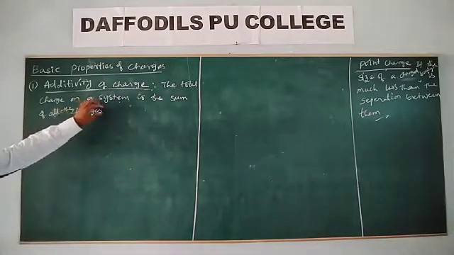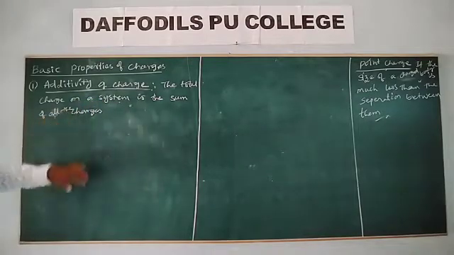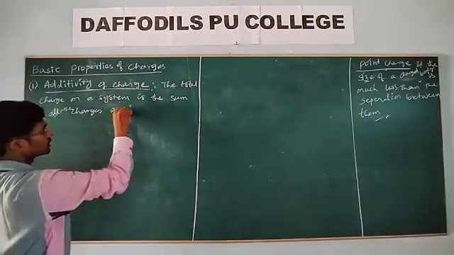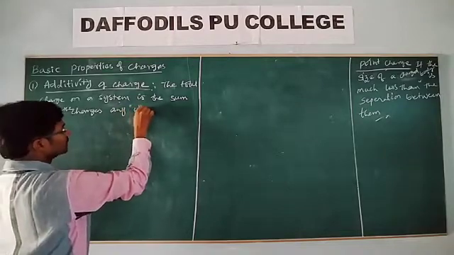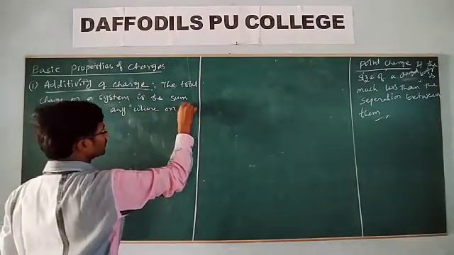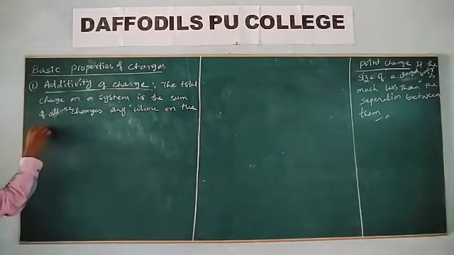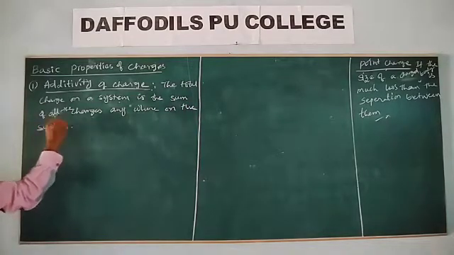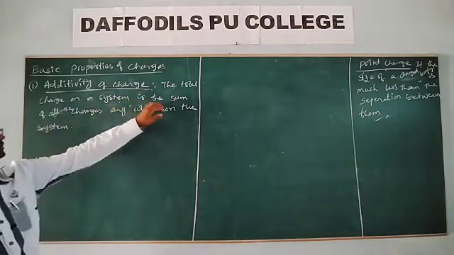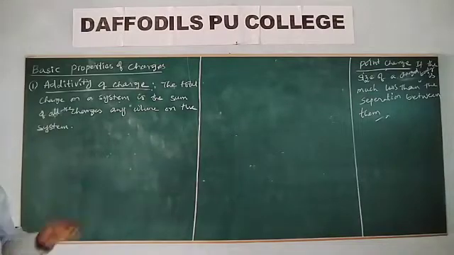The total charge on a system is a sum of all the charges anywhere on the system. The total charge on a system is the sum of all the charges anywhere on the system.